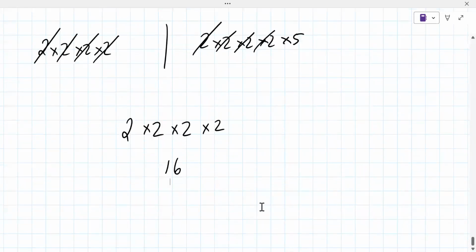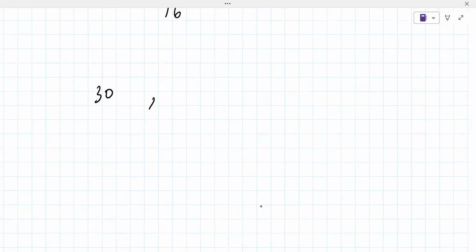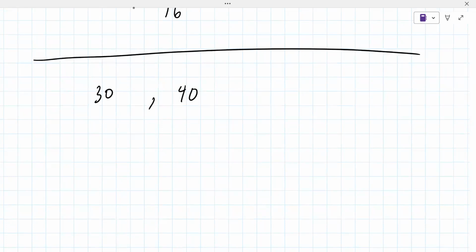Let's try another one here. Let's go 30 and 40.